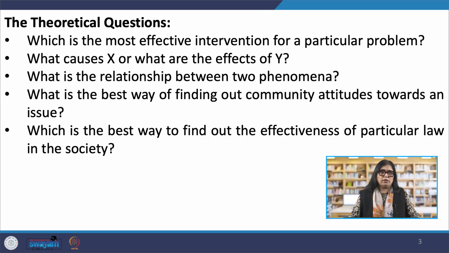As a professional, one might be interested in finding answers to theoretical questions such as which is the most effective intervention for a particular problem, what causes X or what are the effects of Y, what is the relationship between two phenomena, what is the best way of finding out community attitude towards an issue, and which is the best way to find out the effectiveness of a particular law in society.